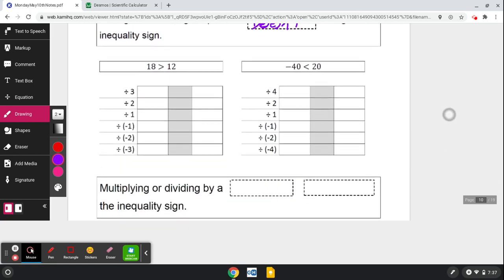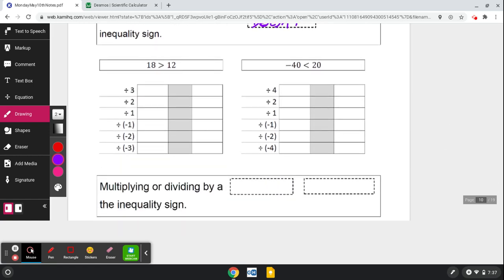Okay, so let's try it now with multiplication or division. If I divide both by 3, I get 6 is greater than, okay, if I divide both by 2, I get 9 is still greater than 6.